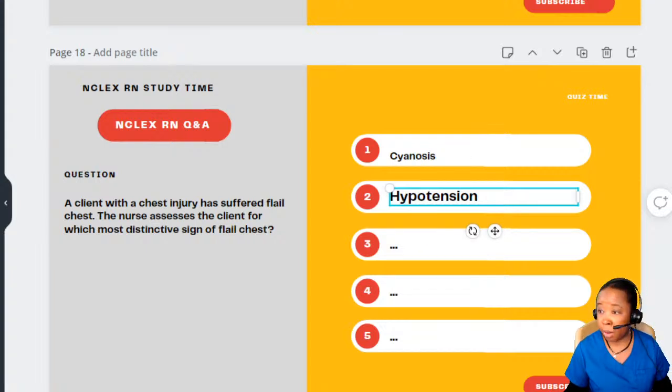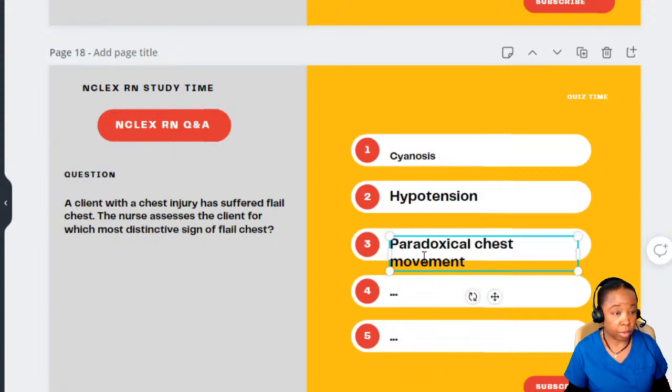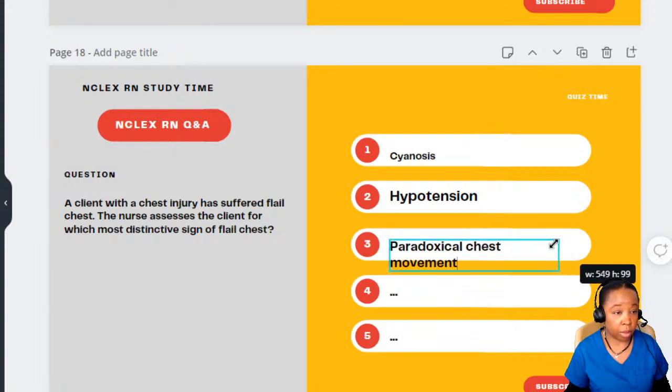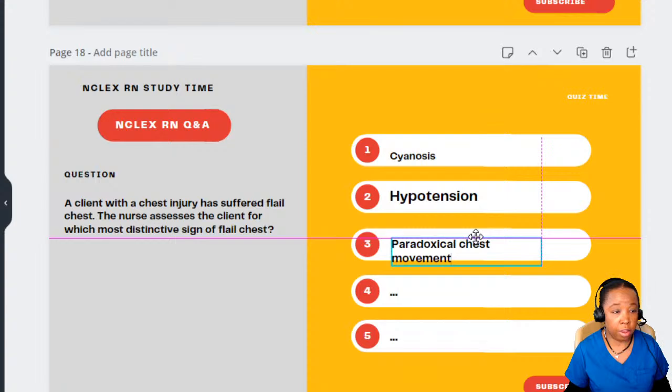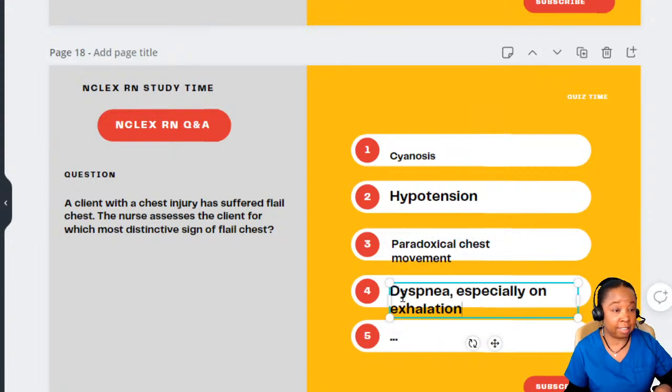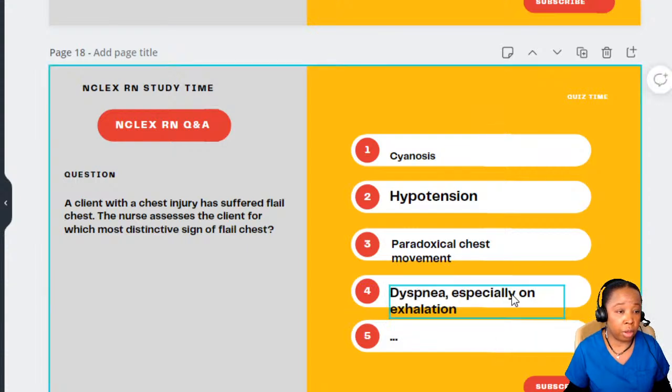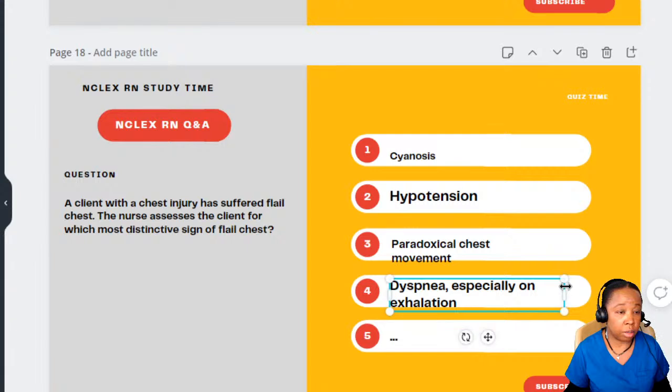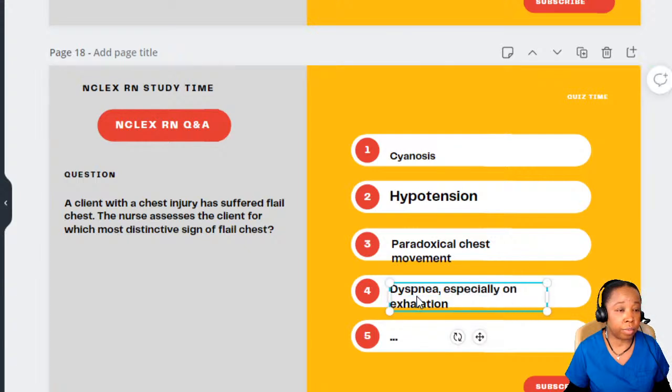The third one says paradoxical chest movement. And the fourth one is dyspnea, especially on exhalation. It means each time the patient is trying to take a breath, the patient has dyspnea, which is a low respiration. Okay, let's see. Which one do you think, guys, is the answer?